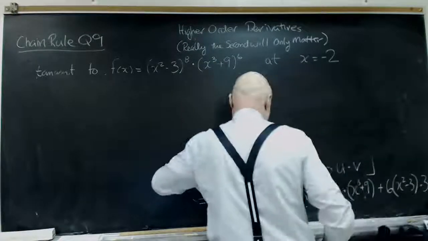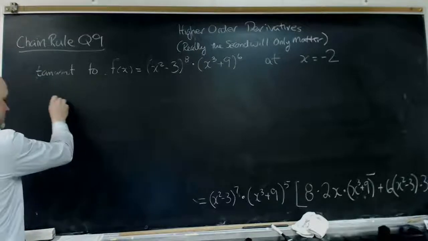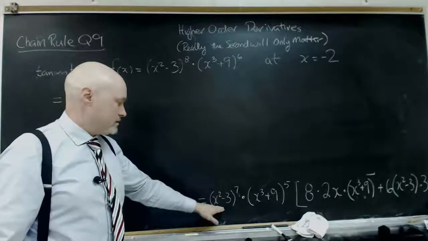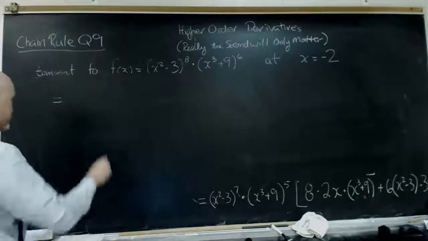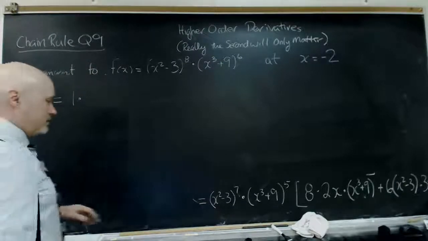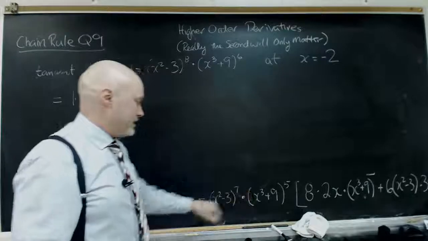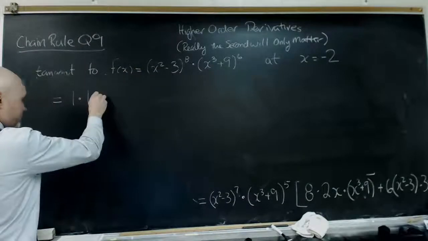Something beautiful, of course, will happen. Okay, substitute a negative 2 in for x. Becomes 4 minus 3, so it becomes 1 to the exponent 7. Negative 2 for x, it becomes negative 8 plus 9, so it becomes 1.